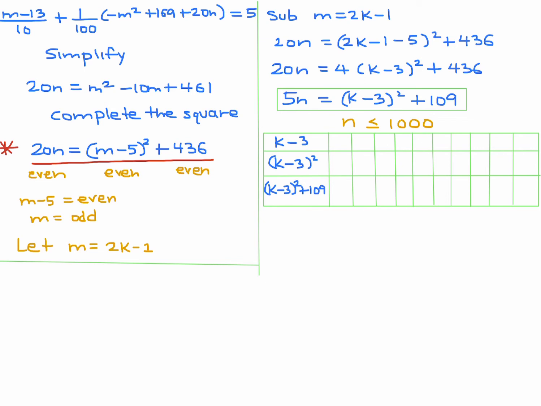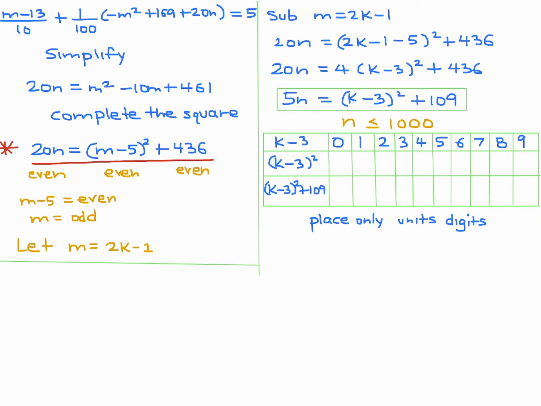So what I'm going to do is place only the units digit into those boxes to figure out what my k can be. Well, k minus 3, whatever it is, the units digit is anywhere from 0 to 9, right? Those are all the possible units digits. Okay, if that is the case, when I square it, what happens?